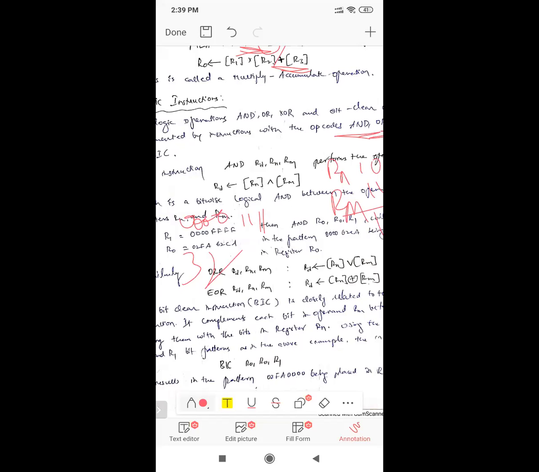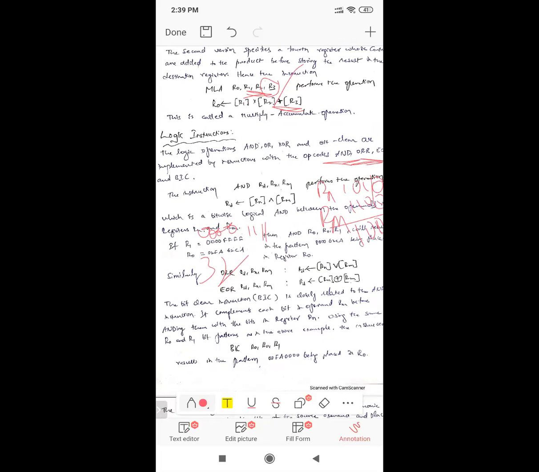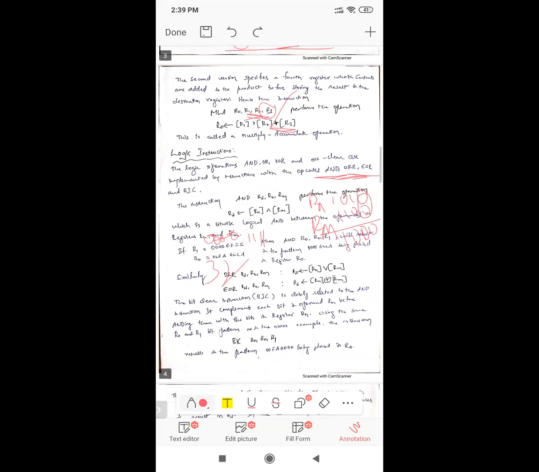And if you perform the AND operation between R0 and R1, what happens? Tell me. F means all ones, with the AND operation.